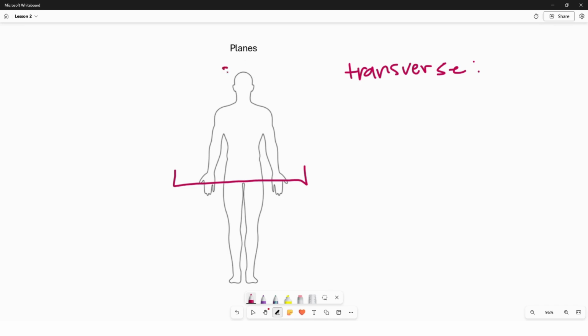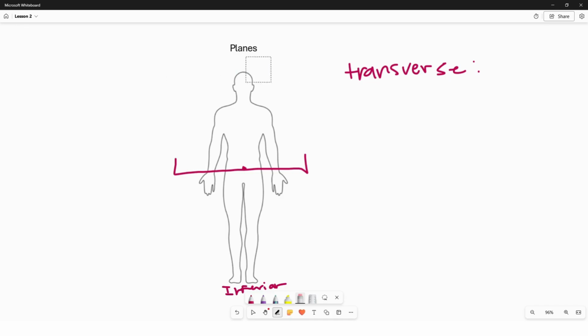And it divides into superior and inferior. At the navel or umbilical region, so this is going to be a little bit up. So if this is the belly button right here, that's where the transverse plane is going to go straight through.